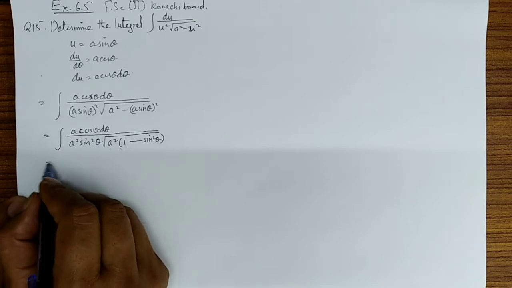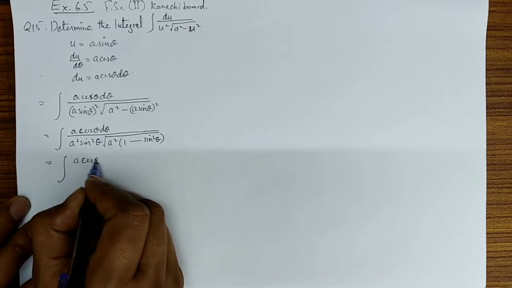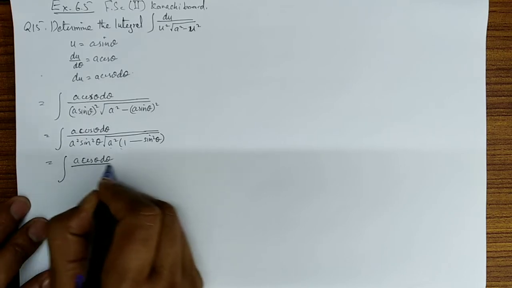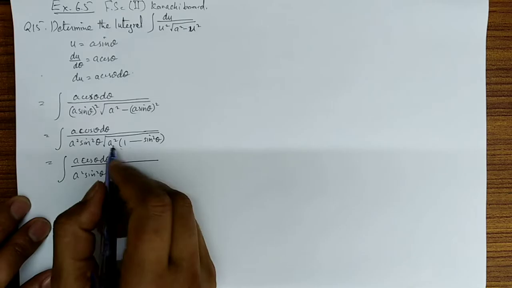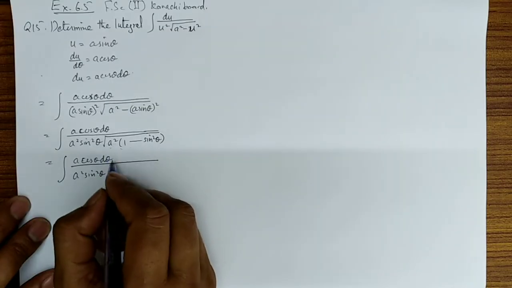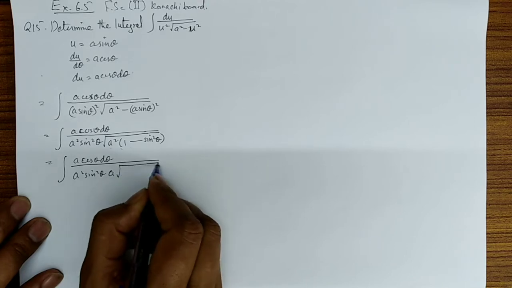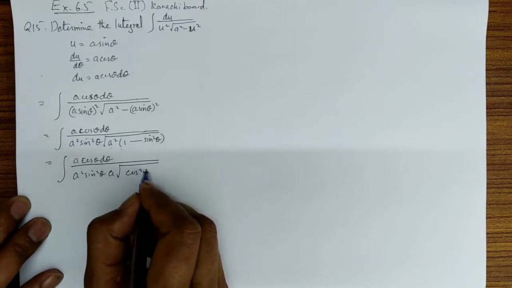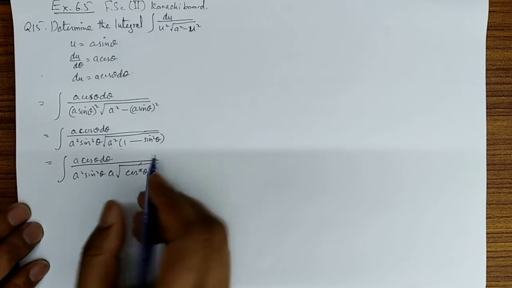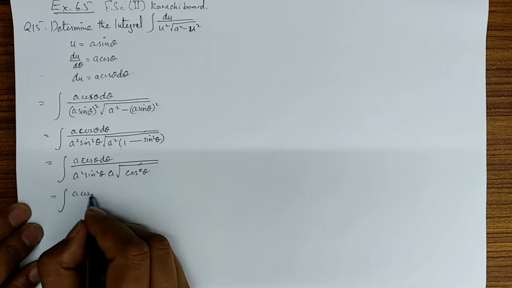So now applying this, a cos theta d theta whole divided by a square sine square theta, taking this a square separately outside, that will provide a root of 1 minus sine square theta, which is equal to cos square theta. Square and square will cancel out.